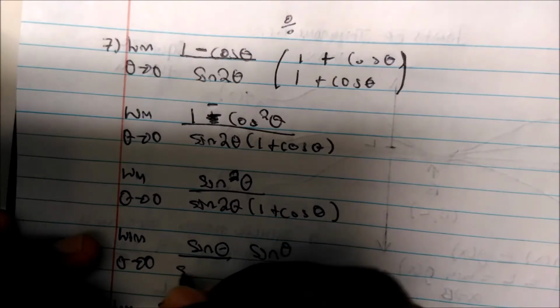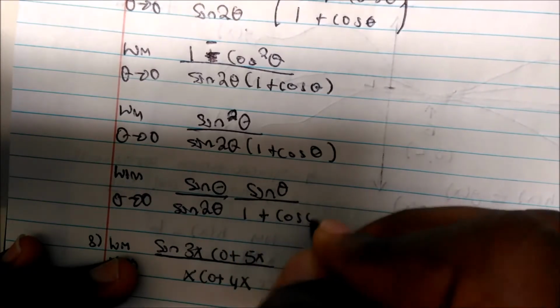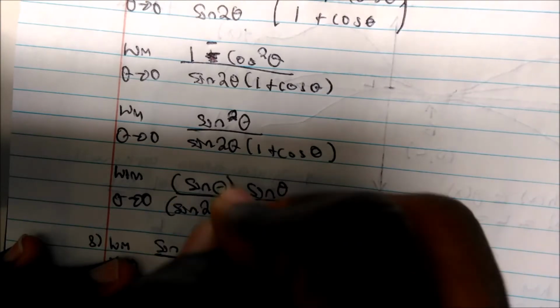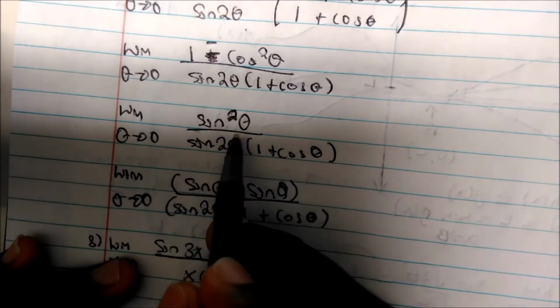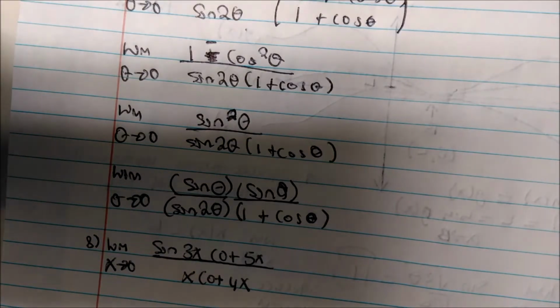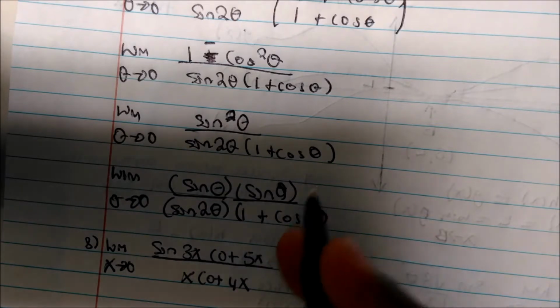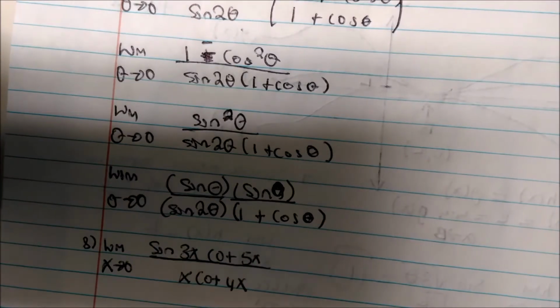And now we could say, well, this is over sine 2 theta multiplied by 1 plus cosine of theta. We just factor them out. And so you want to make sure these go in the most factored form, or else you're not going to get the correct answer.